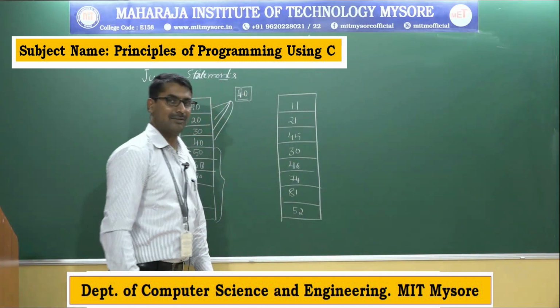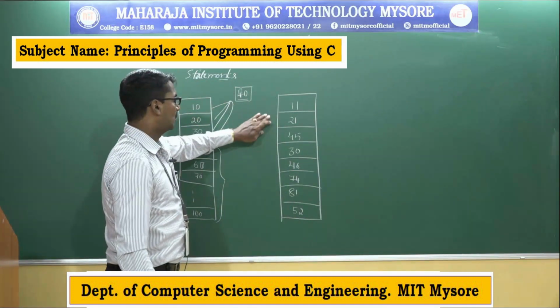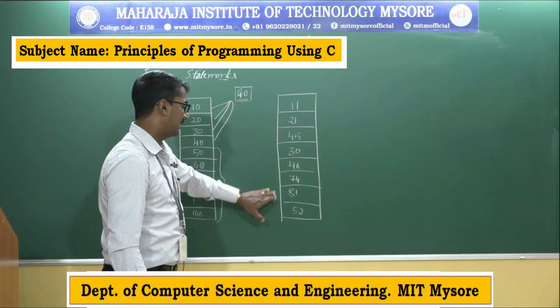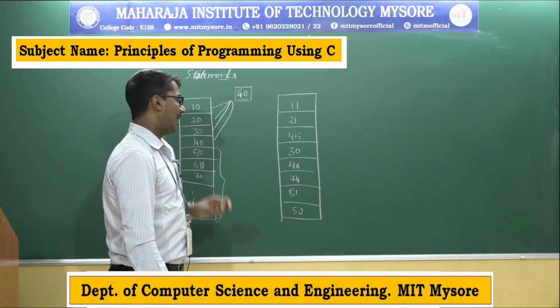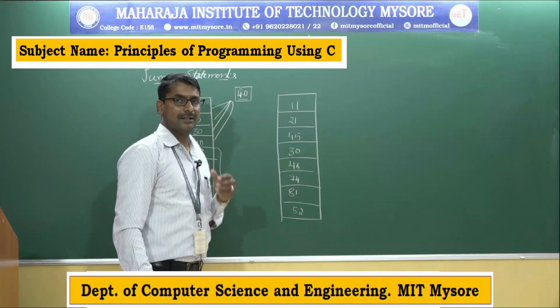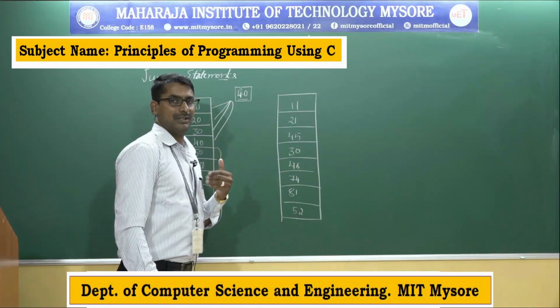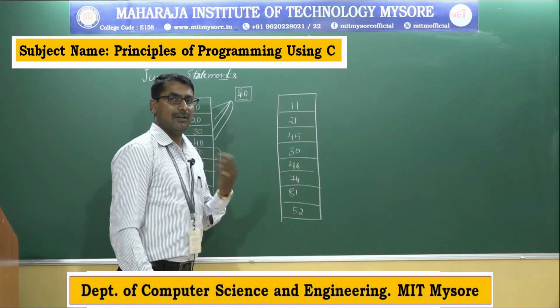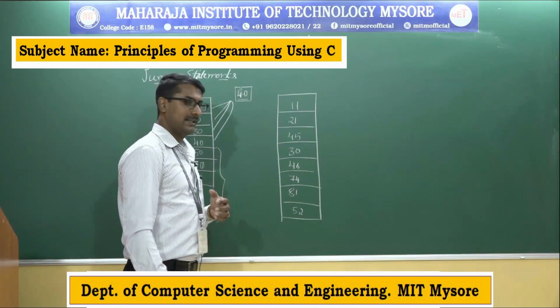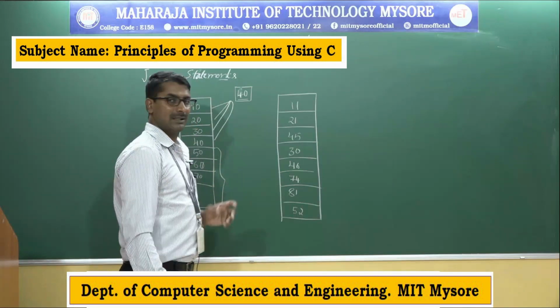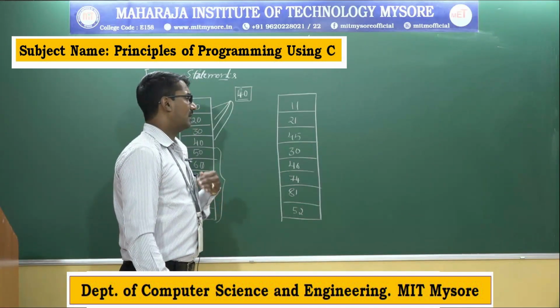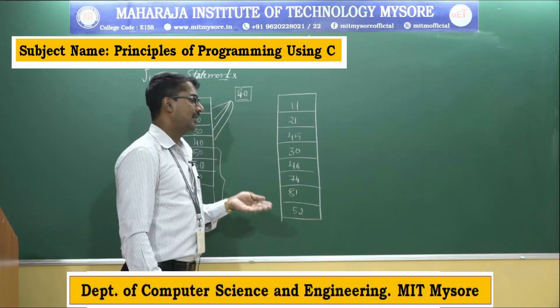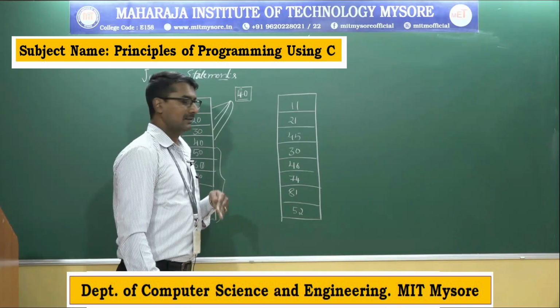Now I have a sequence of eight numbers. Now I want to add only the even numbers. So, I want to find the sum of even numbers. If it is an odd number, then there is no need to consider it for the addition.